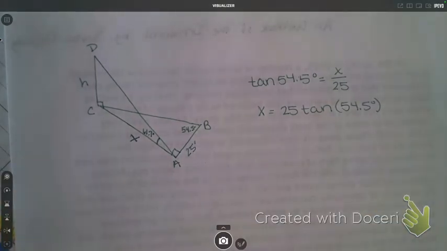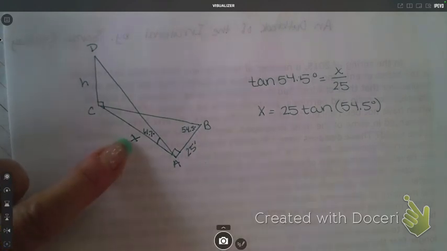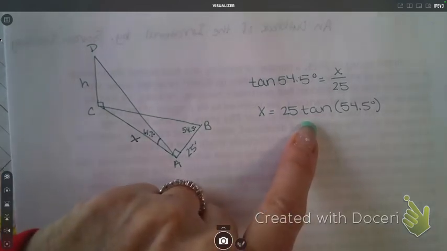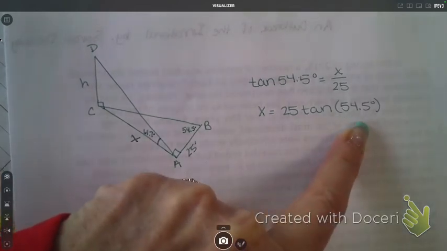Do I actually need to know what X is? No. So guess what I'm not going to do? I'm not going to put it in my calculator. I don't need to know it. That is a value, yes. So when I put X into this new equation I make, I'm going to replace it with what? 25 tangent of 54.5.